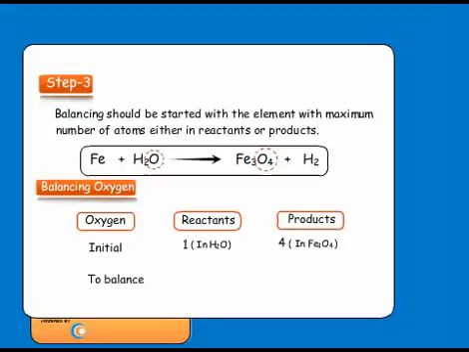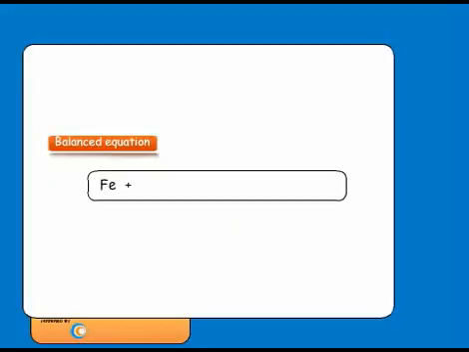So, to balance the equation, the oxygen number in the reactants should be multiplied by 4 to obtain 4 atoms of oxygen in the product. So, the equation becomes Fe plus 4H2O gives Fe3O4 plus H2.